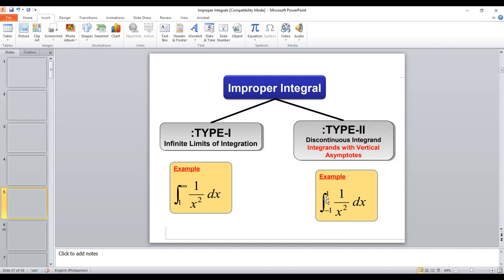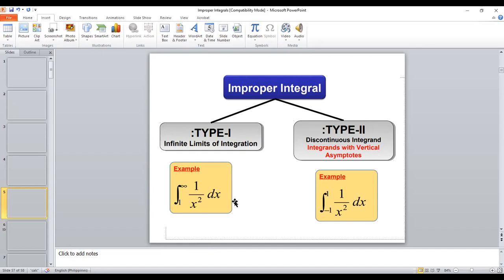It could be that you have a vertical asymptote here, or it could be in between there is a point of discontinuity. And the terms convergent and divergent are applicable to these two types. Convergent if the limit of the integral exists. Divergent if the limit of the integral does not exist.